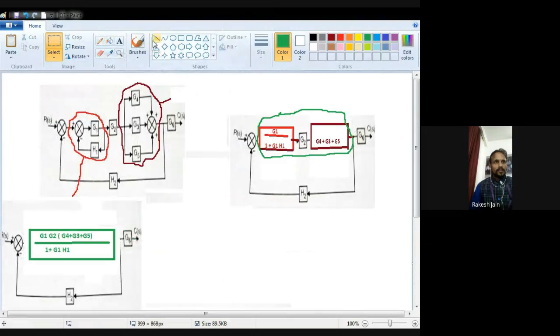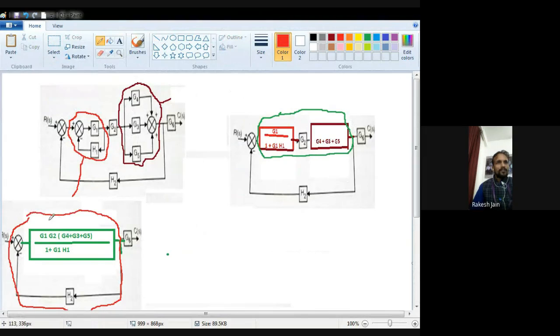Now what do I have to do? Now see, there is a feedback. See very carefully. There is a feedback with this red circle. Just see this one. This one is a feedback loop.